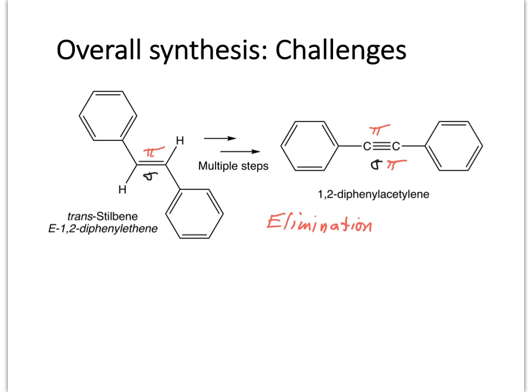But in order to do a standard elimination reaction, we need a leaving group. And all we have here as potential leaving groups are hydrogen atoms. Hydrogen atoms, if they act as leaving groups, would leave as a hydrogen with two electrons and a negative charge, a hydride ion.